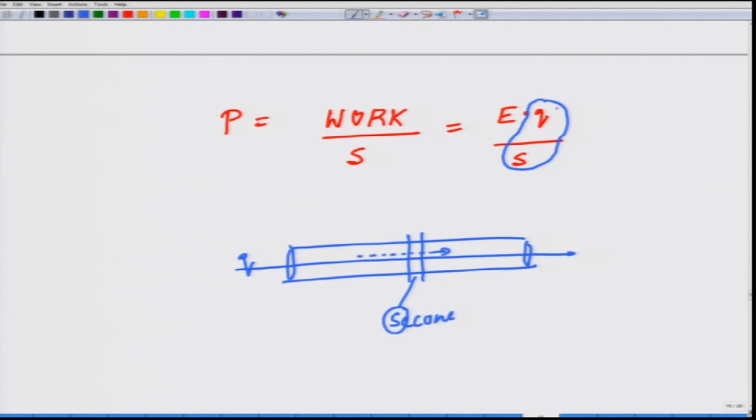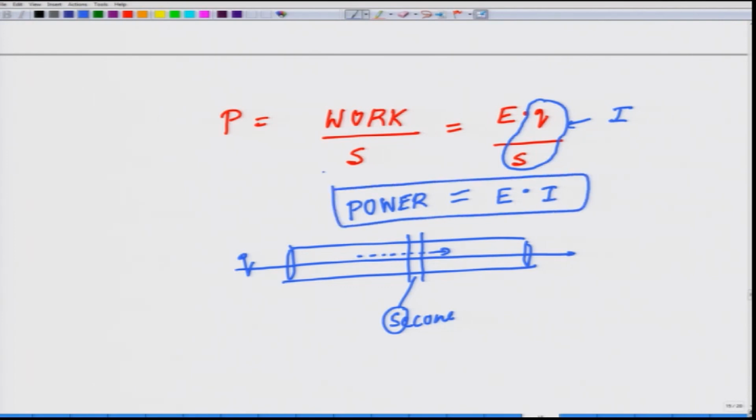That is what we call current. So, q upon S. Then power becomes a product of voltage multiplied by current: P is equal to E I, because q by S is current, and we can write it as I.